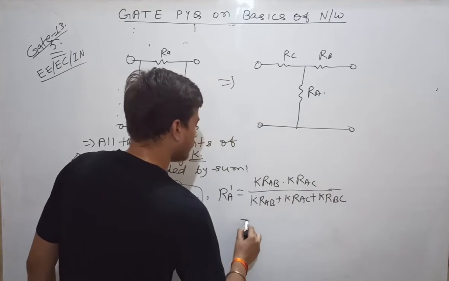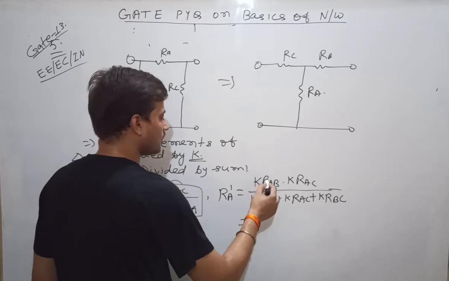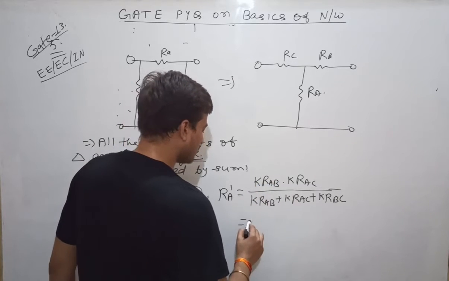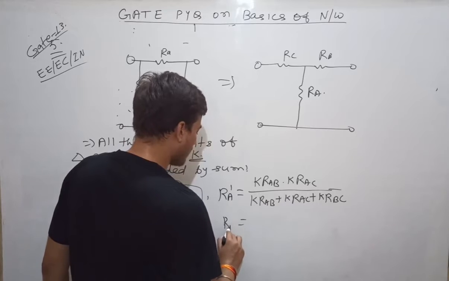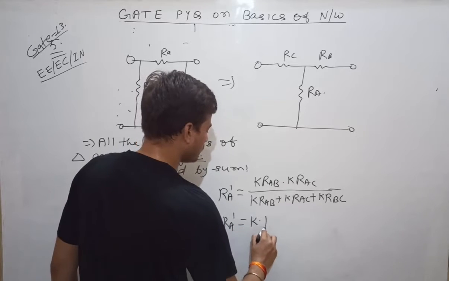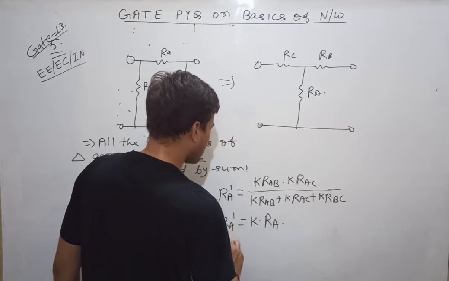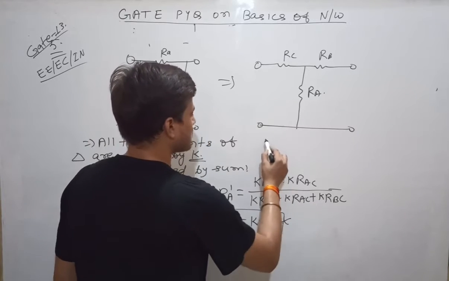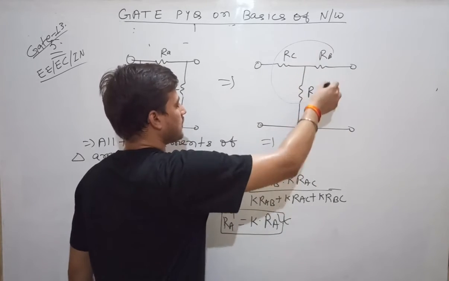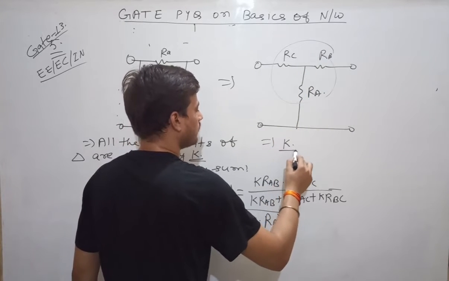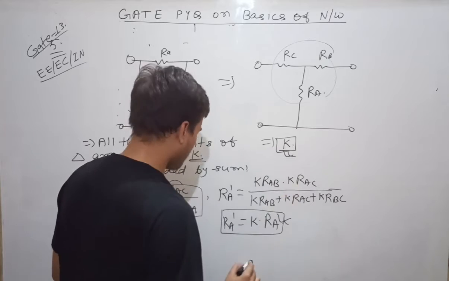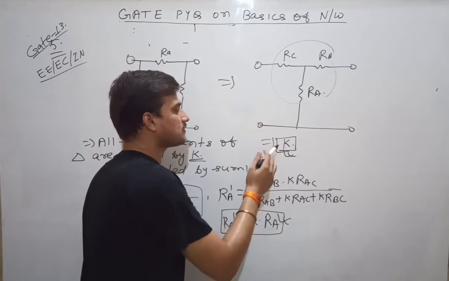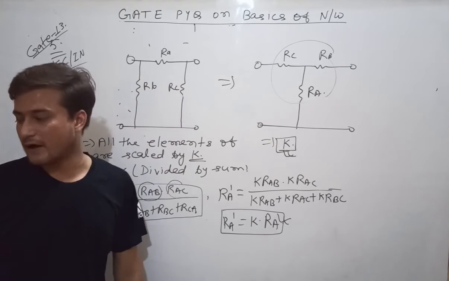If you take K as common, in the numerator it will be K square, in the denominator it is K. So RA dash will become equal to K into RA. That means these quantities have been scaled by a factor of K.